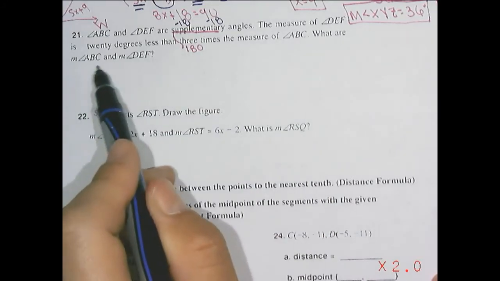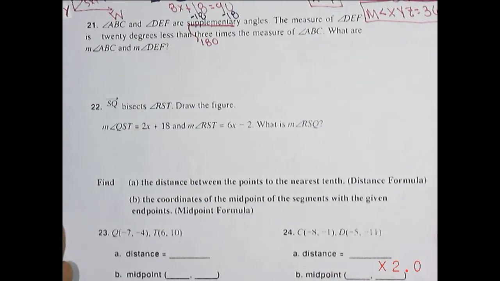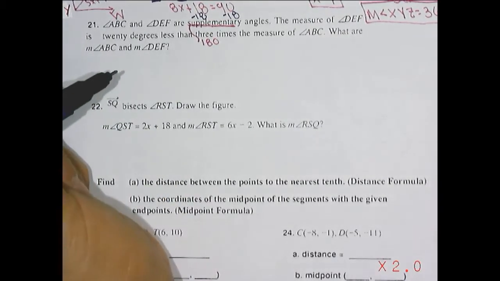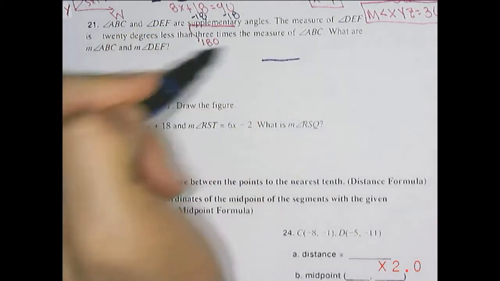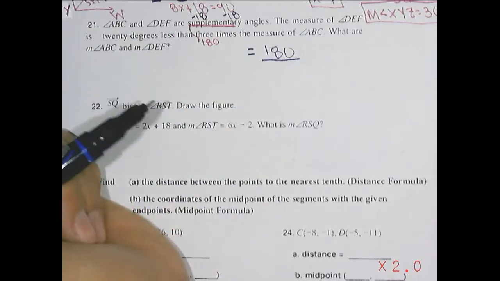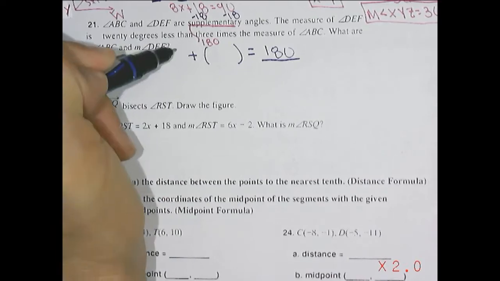What are the measures of ABC and DEF? These are one of those really hard problems where I suggest that you work backwards. So we are going to know that these two angles, when we add them together, equal 180 degrees.